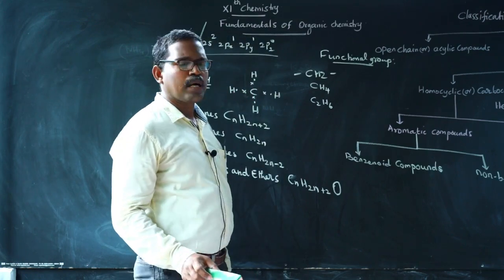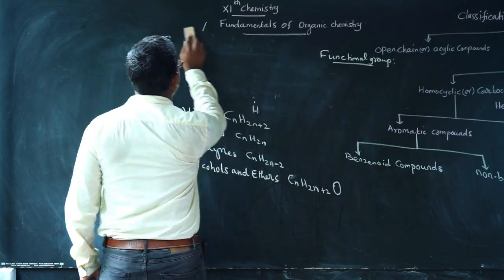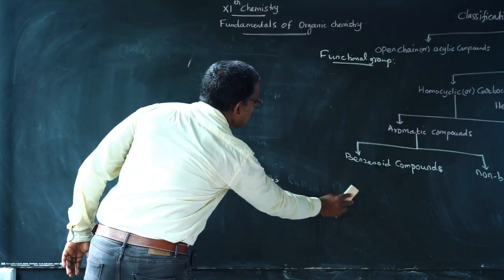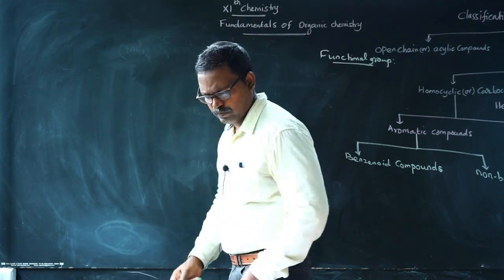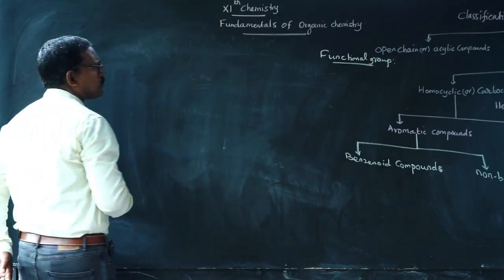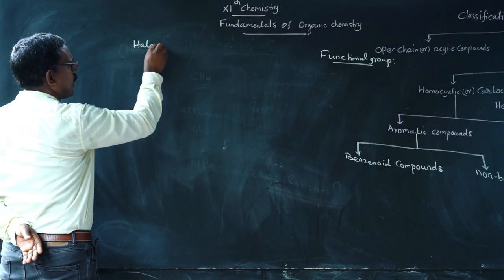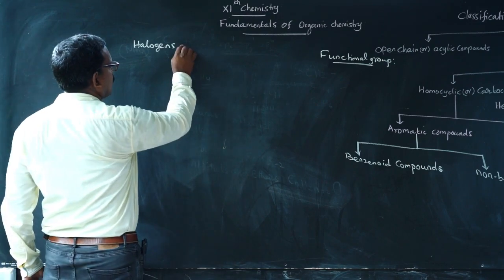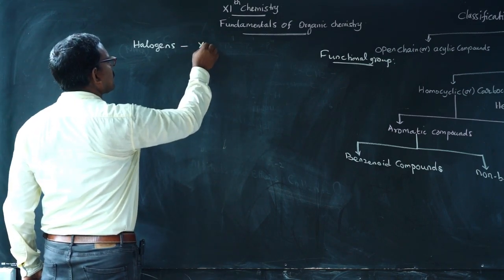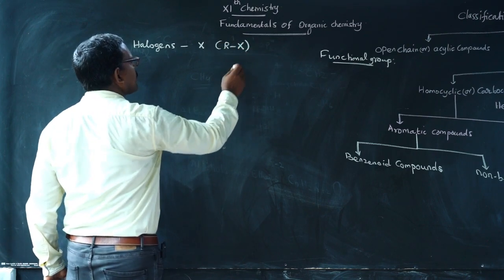Now, we discuss some of the functional groups. First of all, halogens. The functional group of halogens is represented as X, generally written as RX.